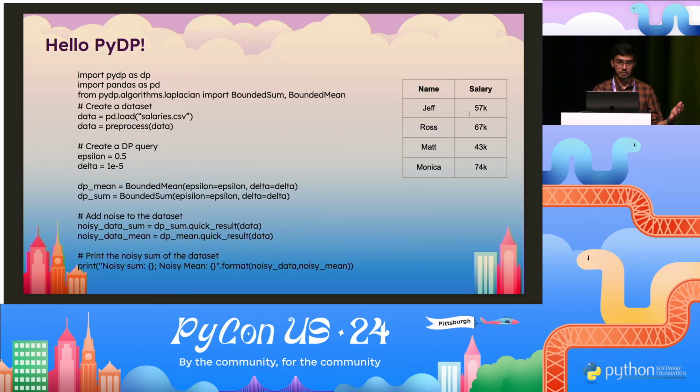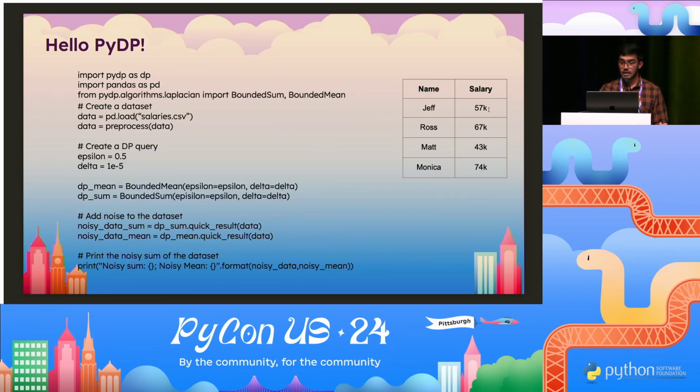So it would give out a number, let's say it is X. And then I would do another query saying, give me the sum of all the salaries of people not named Jeff. So it would sum up these three values and give me a result. Now, given these two values, I could just subtract them and figure out that Jeff's salary is 57K. So that's not differentially private, because even though I'm not asking what's the salary of Jeff, I could still do a series of queries to figure it out.